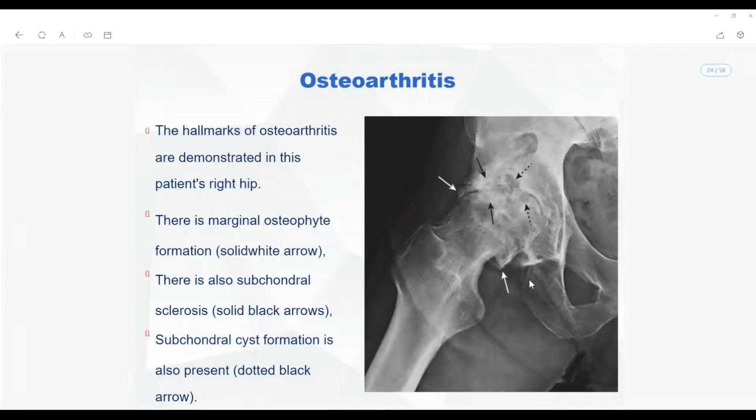So wherever the joint surfaces bear the weight, which is the superior posterior surface of the femoral head and also the superior surface of the acetabulum, those are the only areas where you are going to see the subchondral sclerosis. I don't see any subchondral sclerosis along this area, but I see it only along these surfaces, which are most active along the joint.